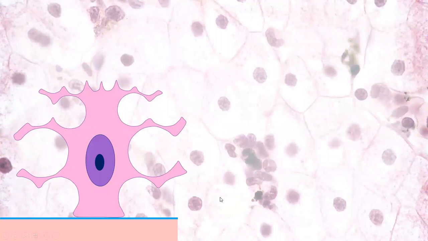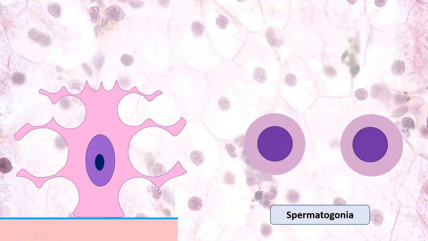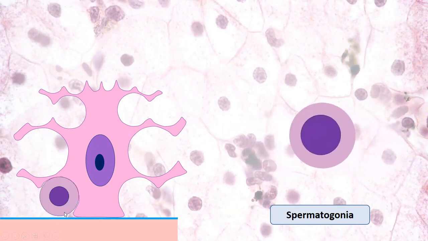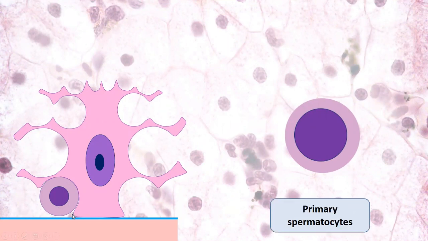And here we can see spermatogonia. They are located in the basal compartment of the spermatogenic epithelium, near the basal membrane. The next stage is the primary spermatocyte, and spermatogonia after growth migrate to the upper part of the spermatogenic epithelium.